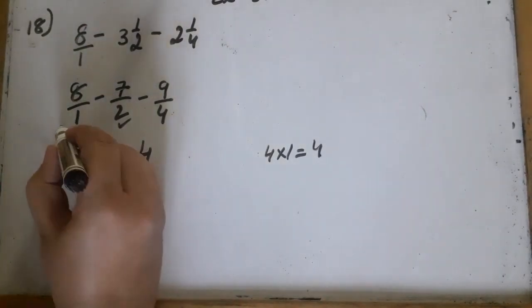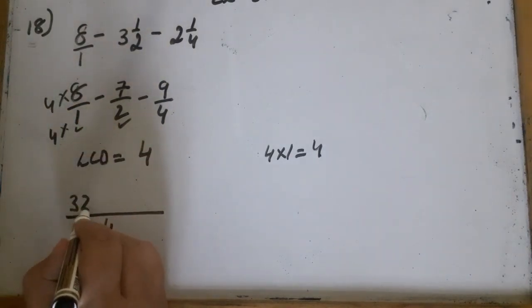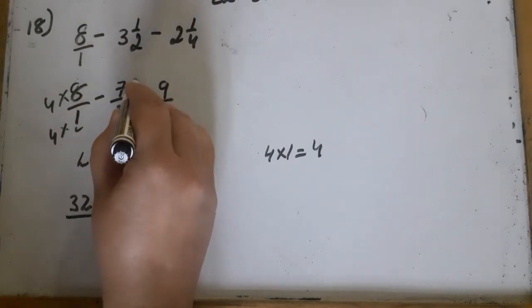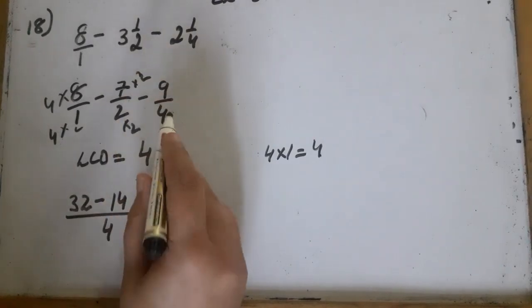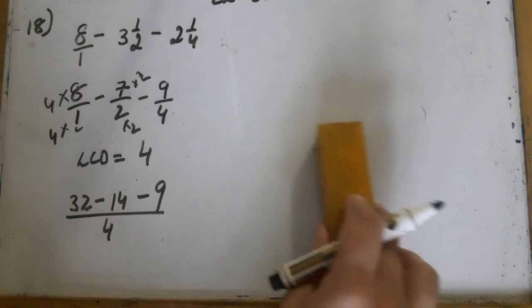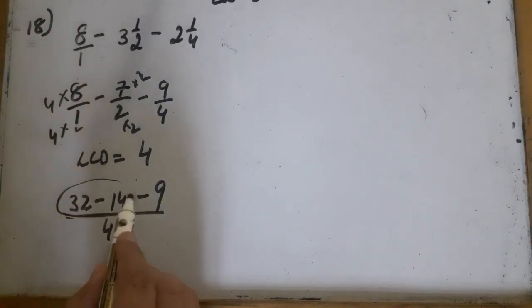Now 1 4s are 4, so 8 4s is 32. Now 2 2s is 4, so 7 2s is 14. Now 4 1s are 4, so 9 1s are 9. Now what we will do is that first we will subtract 32 minus 14.